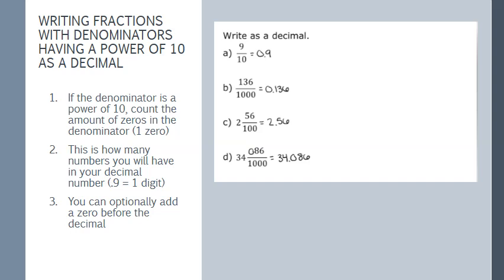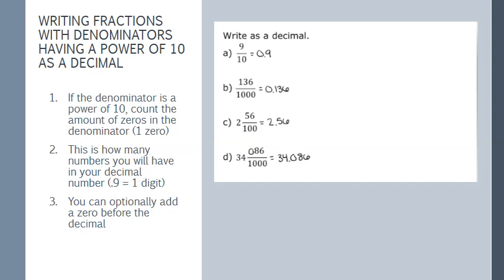That's the first thing that you do. How many zeros are in 9 over 10? 1. Therefore, that is how many digits we're going to have in our decimal number. So one zero in the power of 10, 1 digit in our decimal number.